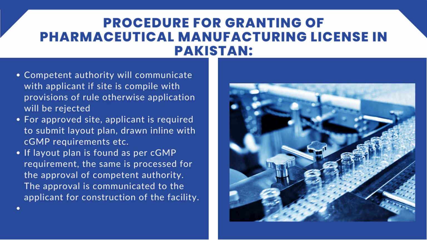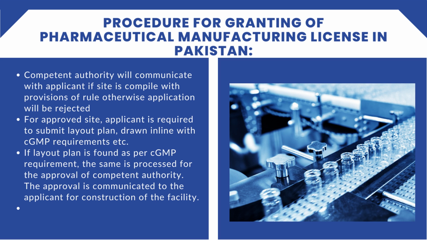For an approved site, the applicant is required to submit a layout plan, drawn in line with scheme requirements. If the layout plan is found as per scheme requirement, the same is processed for the approval of the competent authority. The approval is communicated to the applicant for construction of the facility.